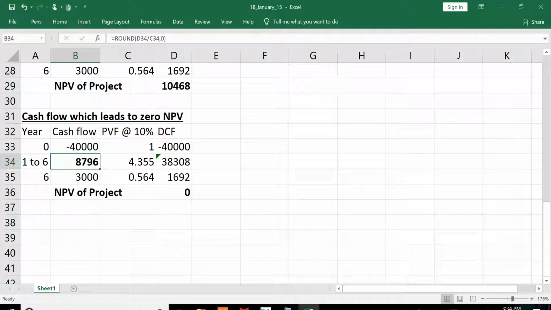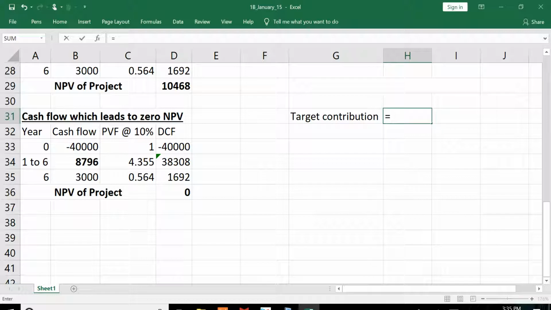We incur fixed cost of 20,000, and hence target contribution is 28,796.